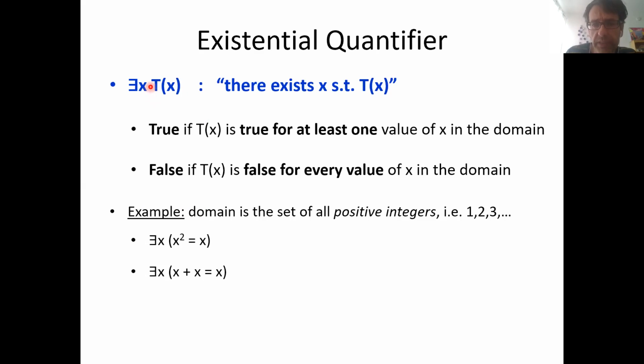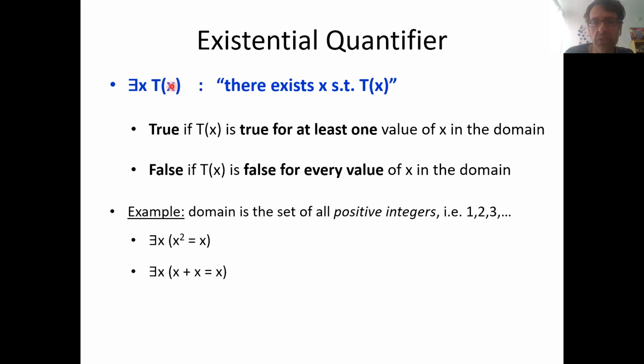And there are two quantifiers, existential and universal. Here's the existential one. This statement is read as there exists x such that predicate t instantiated with x is true. In other words, t of x holds.